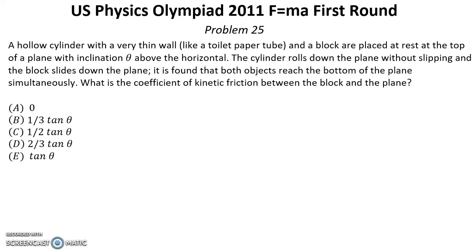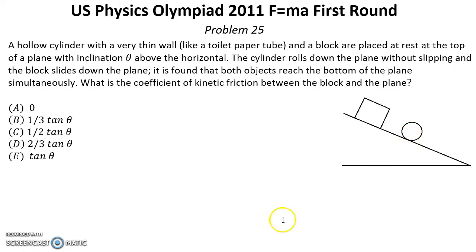Solution. First, let's draw this picture. We have a block which is going with friction, and we have a hollow cylinder which is rolling without sliding. So for both cases we can write Newton equations.